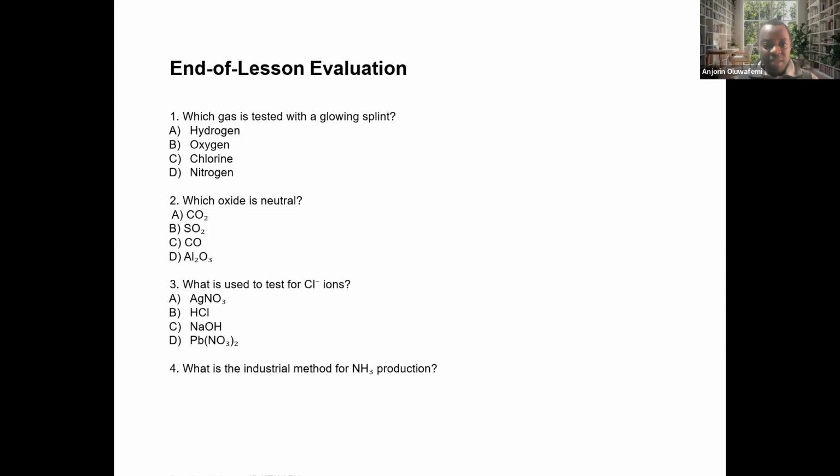What is the industrial method for ammonia production? We've talked about this. Is it the Haber process, the Ostwald process, the contact process, or the Downs process? Please let me know what you think the answer is in the comment section, and then I will react appropriately to it.